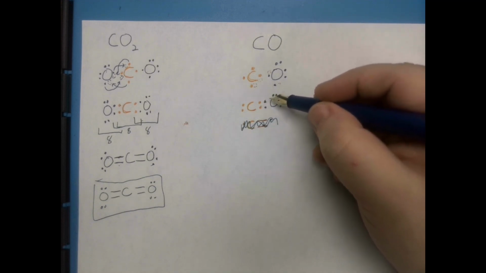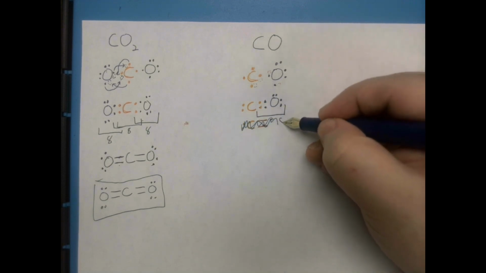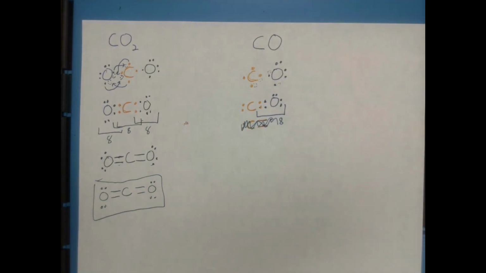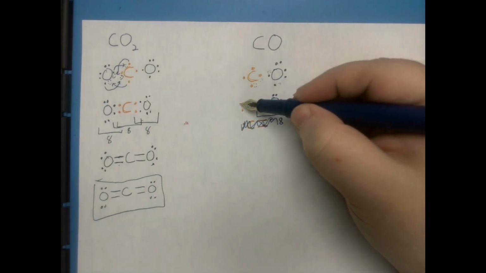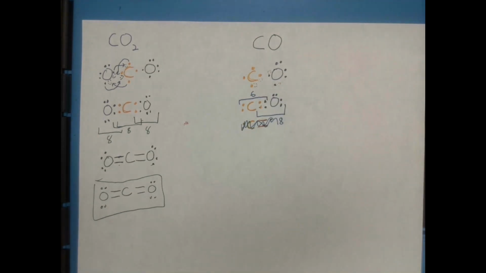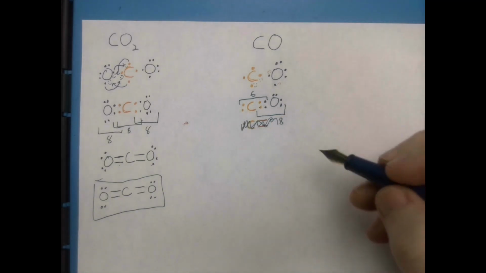1, 2, 3, 4, 5, 6, 7, 8. Yes, carbon has shared two of its electrons with it. And how many is on the carbon? So, how are we going to remedy this?